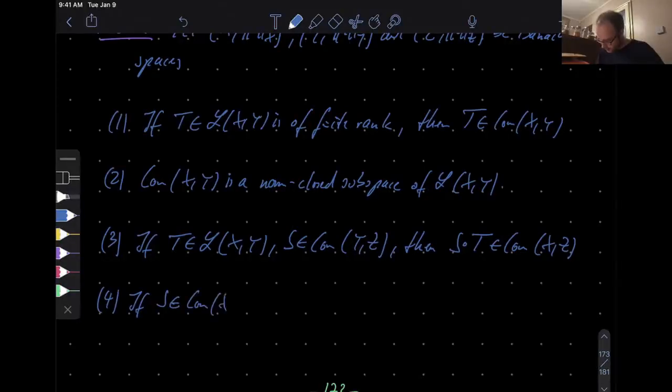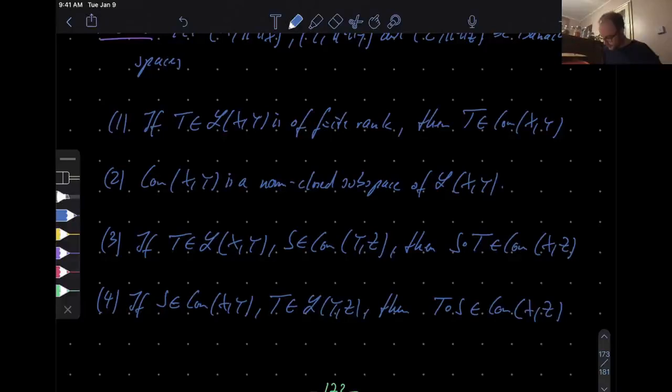So in other words, if you have compact S here, and you compose it with something bounded from the right, then the composition will be compact. And you can do this also from the left. That's why two-sided ideal. So if you have compact S and bounded linear T from Y to Z, then the other way around, TS is also compact in COM(X,Z). Okay, this is also very useful.